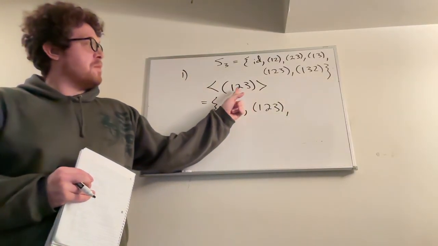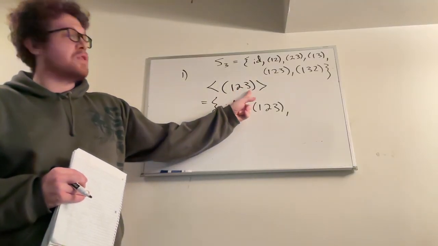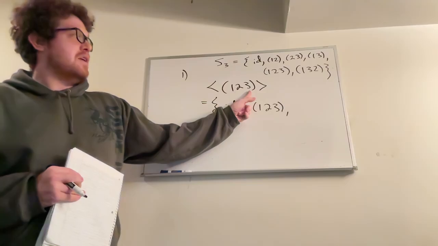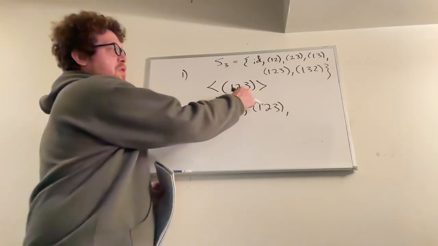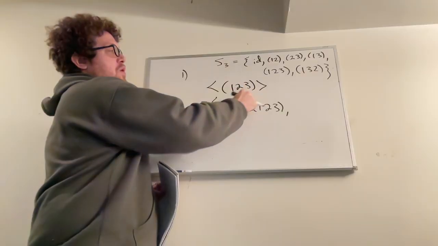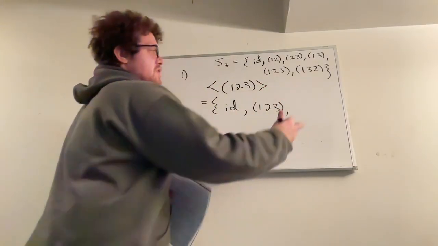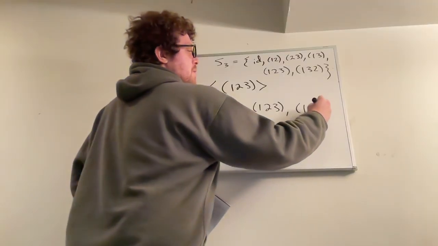So if we do this permutation twice, then 1 goes to 2 with the first permutation, and then 2 goes to 3 once I apply it again. So in total, 1 goes to 3, 2 goes to 1, and 3 goes to 2. So it kind of skips one of the numbers. So here we get 1, 3, 2.